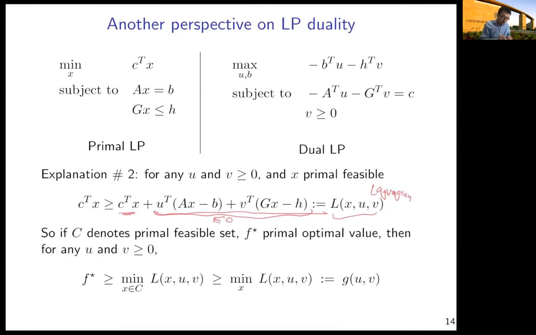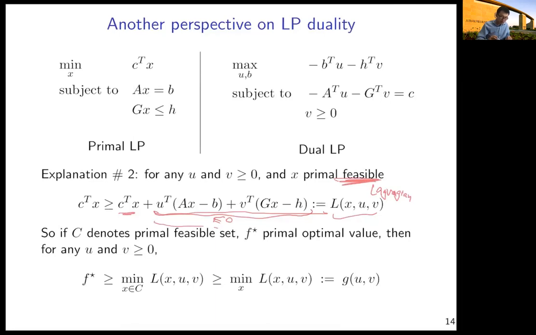So how do we ensure that this condition is satisfied? That requires us to take u to be non-negative, and then by the inequality constraints, we know that this term is always non-negative. And for all the feasible solutions, I highlight feasible, Ax minus b is always 0. Therefore, this term doesn't matter for any v.